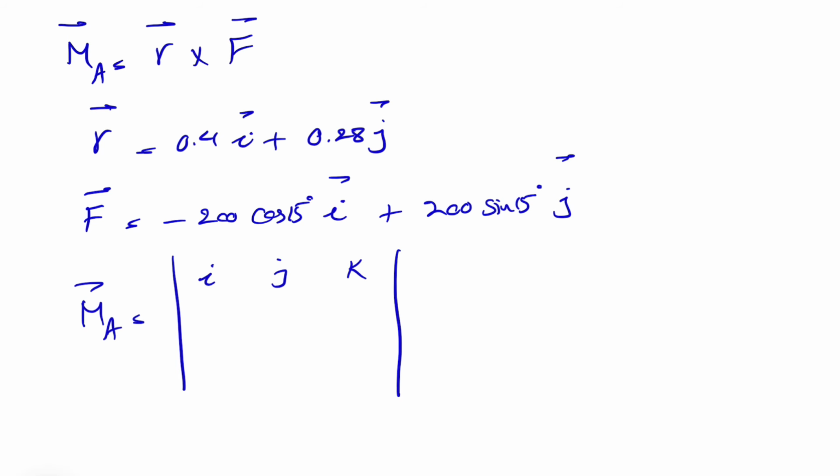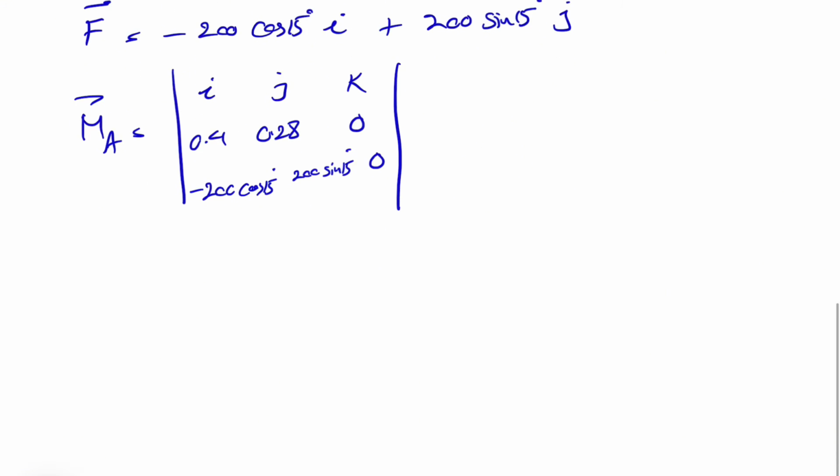The second row is always the distance vector, so 0.4, 0.280, minus 200 cosine of 15, and our J is 200 sine of 15, and we don't have any K.